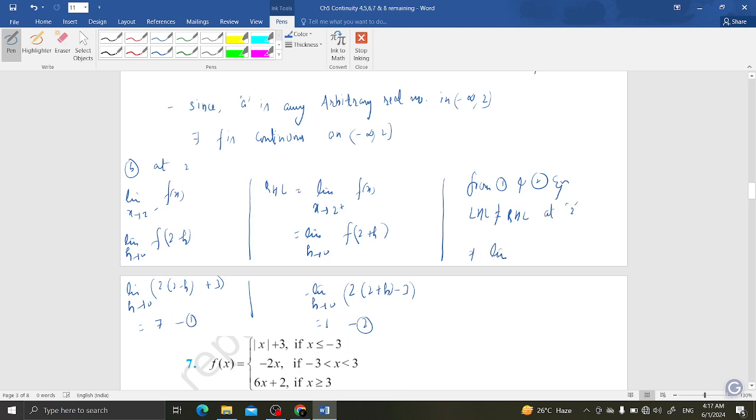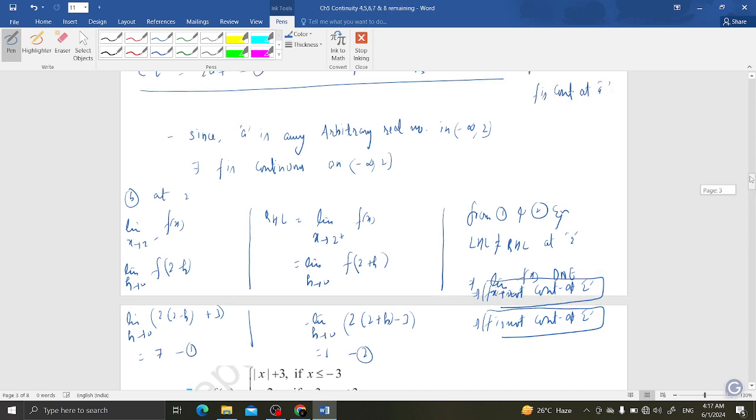This implies that limit x tends to 2 f of x does not exist, which implies f is not continuous at 2. So I hope you understand this question.